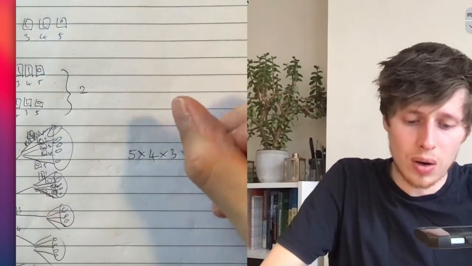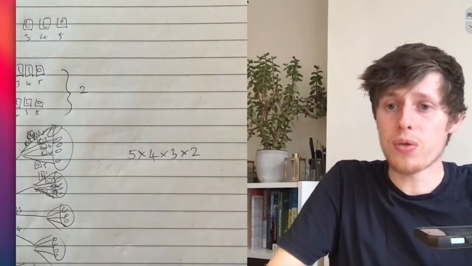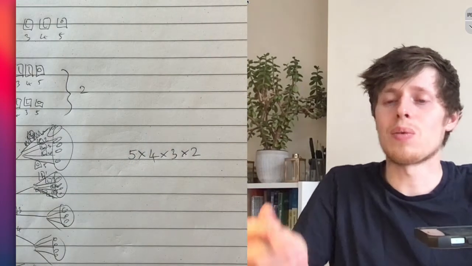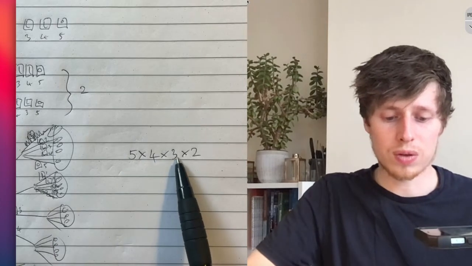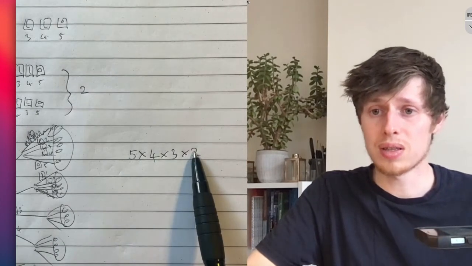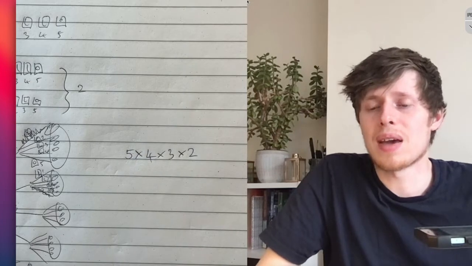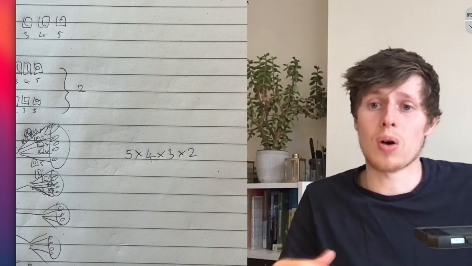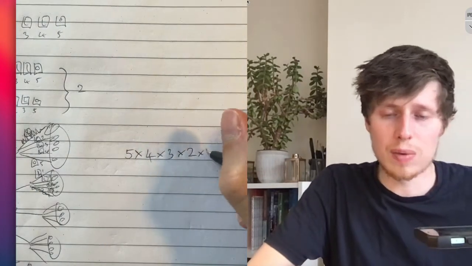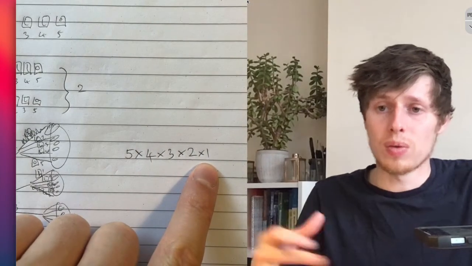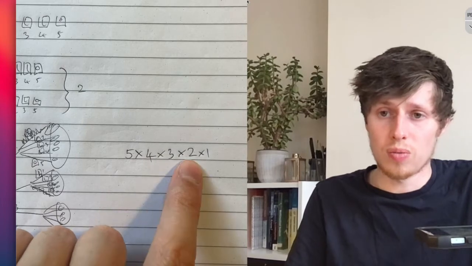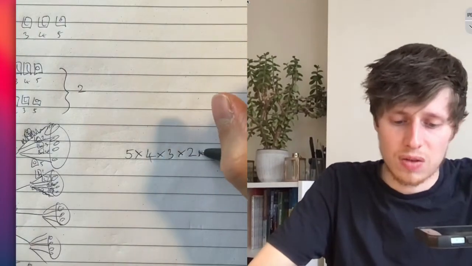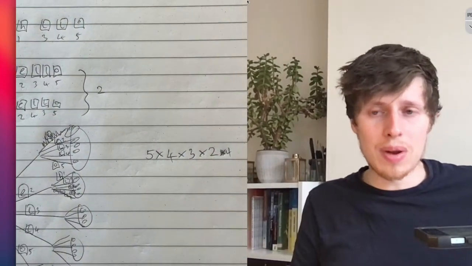And if we keep going, organising according to the 4th letter, we have organised them according to what the first, second, third and 4th letter is. That doesn't leave us anything else apart from the 5th letter, that is the block that's remaining. So actually, there's only going to be one way of organising the blocks in each of these 5 lots of 4 lots of 3 lots of 2, right? Because there's only one block left. So we can just scratch that. So that is how many sequences there are.